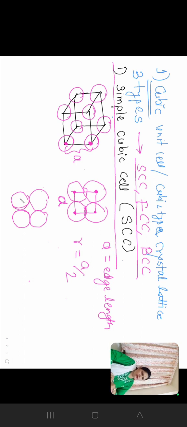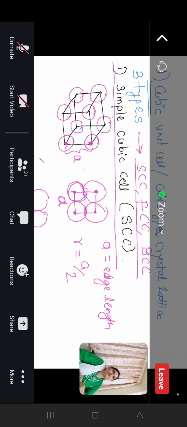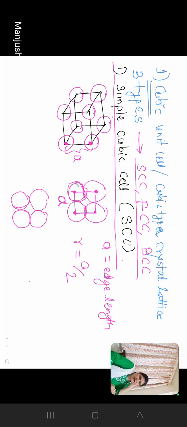There is no overlapping. You write 4 circles, they just touch each other. There is no overlapping. So they are maximum close to each other in this type of cubic cell. Then internuclear distance is measured, but internuclear distance is as good as edge length. Now see this diagram. Here, internuclear distance is edge length only.